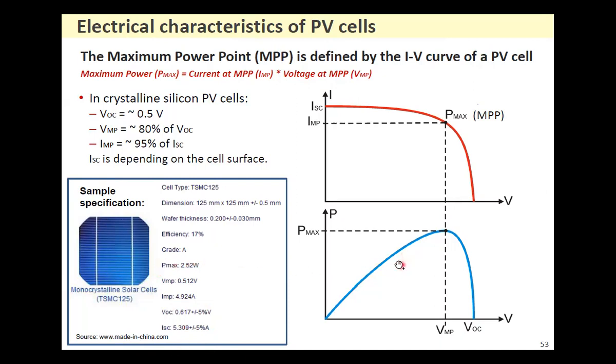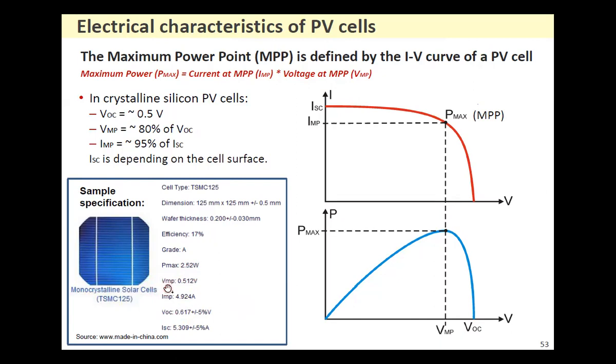So as I told you, in a PV module you have hundreds of cells connected in series and parallel arrangement, but here we are just analyzing only one cell, which has the open circuit voltage of around 0.5 volt. Now here there are two more things, VMP and IMP. What does it mean?